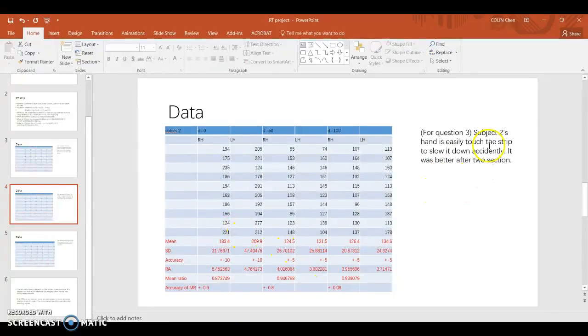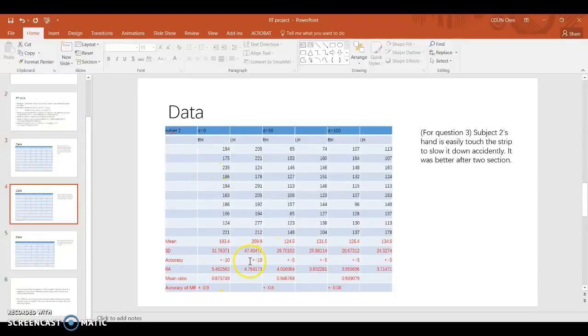For the accuracy, I put plus minus 10 here, and then plus minus 5 when D is equal to 50 and 100, because this subject's hand easily touched the strip when slowing down accidentally, and it was better after the first section.